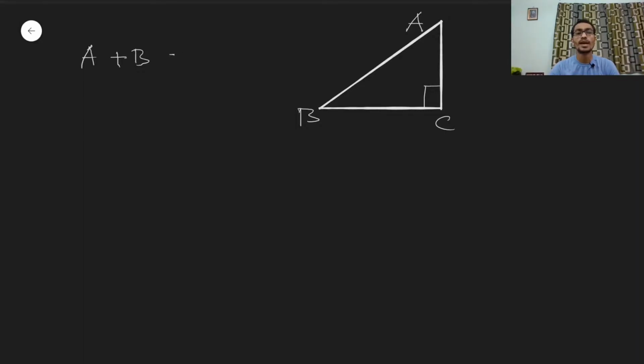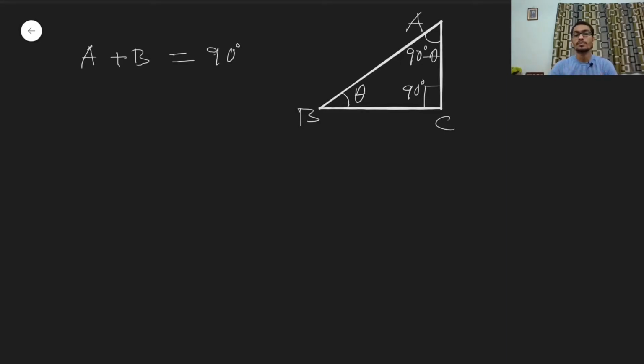Because the sum of three angles is 180 and angle C is 90 degree. That's why angle A plus angle B is 90 degree. So A and B are complementary to each other. Now if we take angle B as theta, then obviously angle A will be 90 degree minus theta.